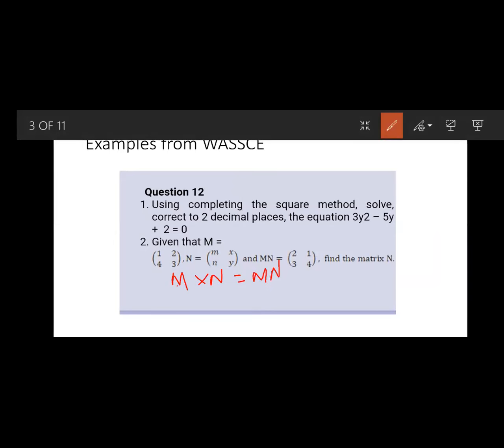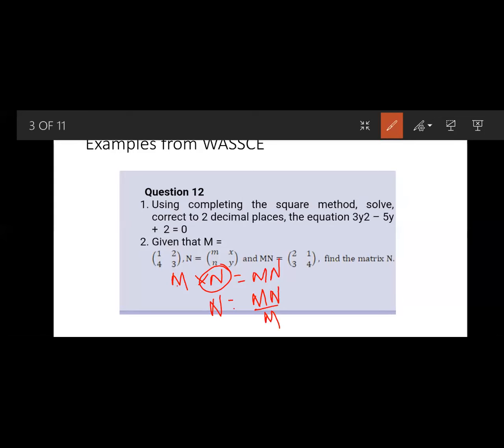Now, in this case, we don't know N. What do we do? If it is a normal equation, we say divide both sides by M. So it means our N will be equal to MN divided by M. But the way we do division here is different.